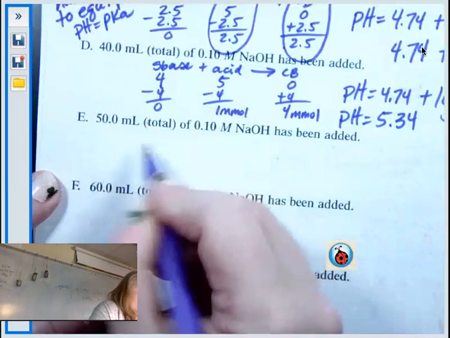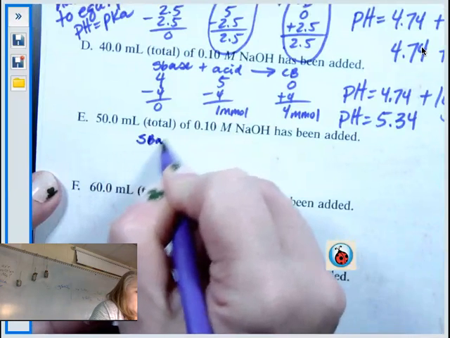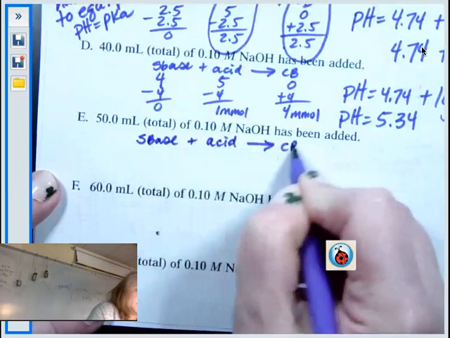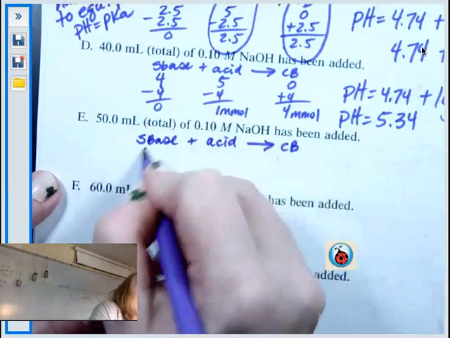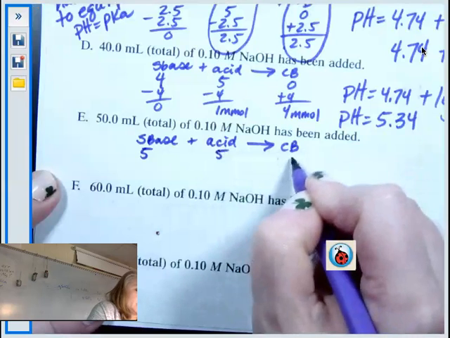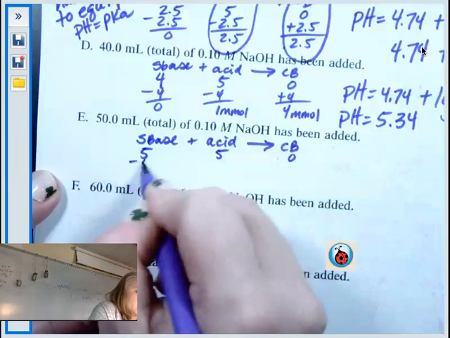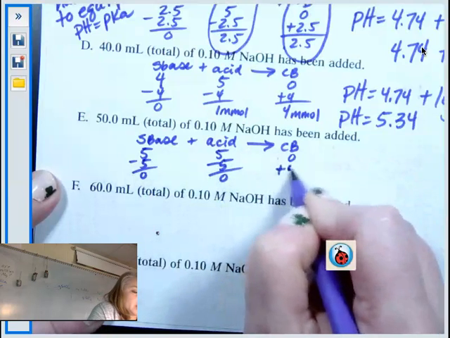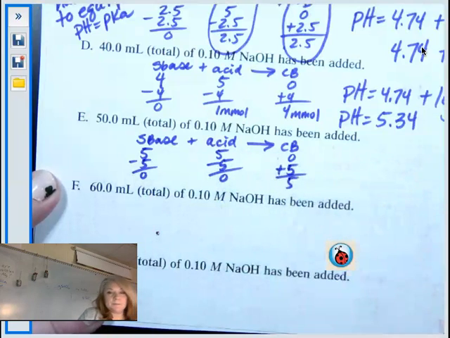Strong base plus acid goes to conjugate base. Our strong base this time we have 5. Our acid we had 5. Our conjugate base 0. So it's all gone. But we have some conjugate base, and that conjugate base has been affecting our pH.